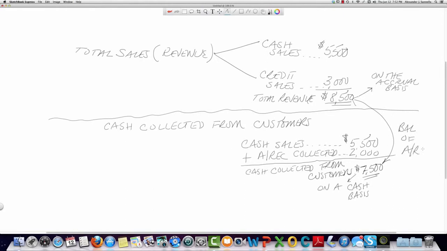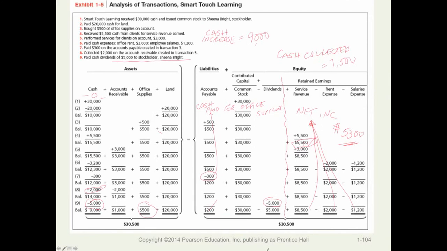It's the balance of accounts receivable, and that's $1,000. And that's what you see back here if we go to our accounts receivable account.